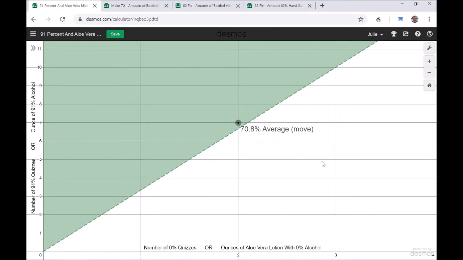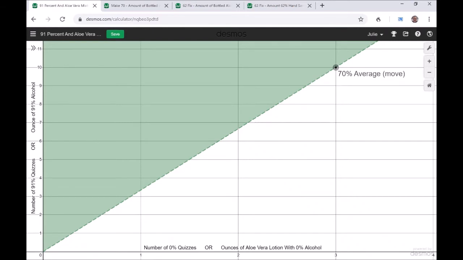We might like to have as much aloe vera as we can so that it's more of a gel-like solution rather than watery. We also see, if I move over to 3 ounces of aloe vera and bring it up to 10 ounces of the 91% solution, we'll be right on the 70 right there. That average would work out.